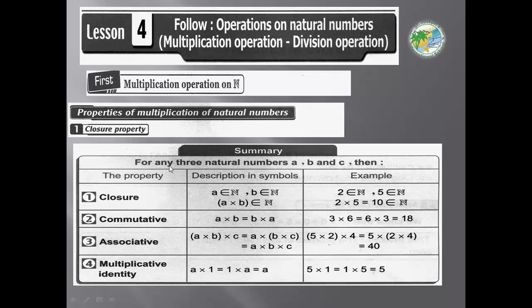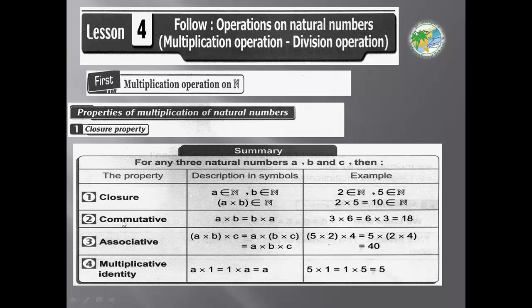But in this lesson we take the multiplication operation, which is times. So A times B belongs to the natural numbers. For example, 2 belongs to the natural numbers and 5 belongs to the natural numbers, then 2 times 5 equals 10, and 10 belongs to the natural numbers. That means the closure property.